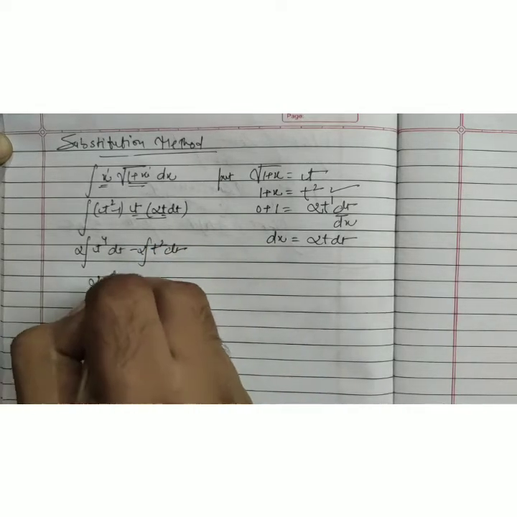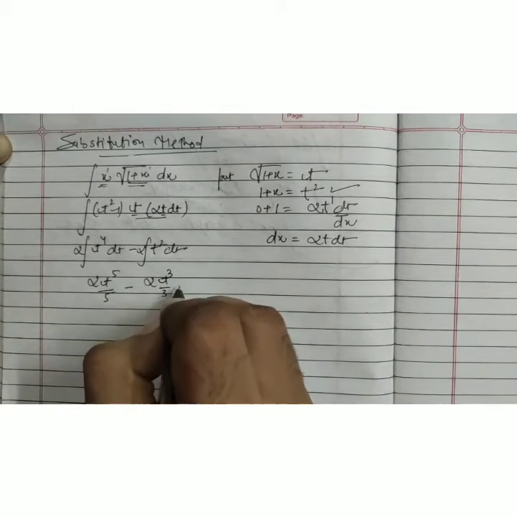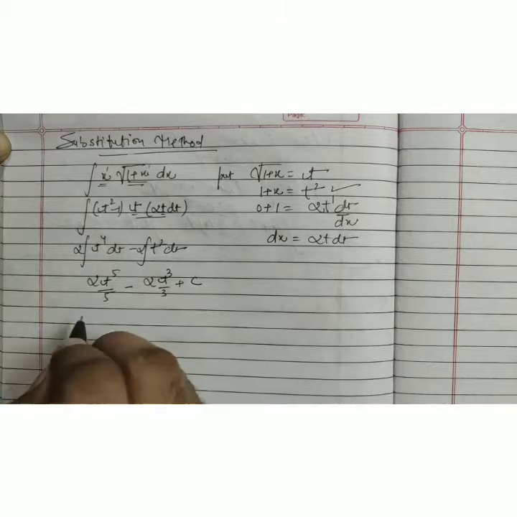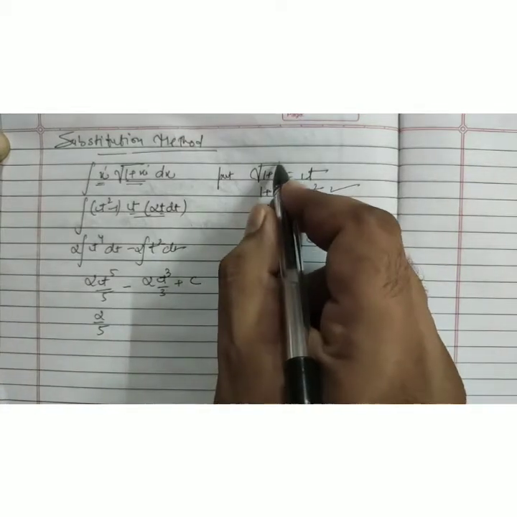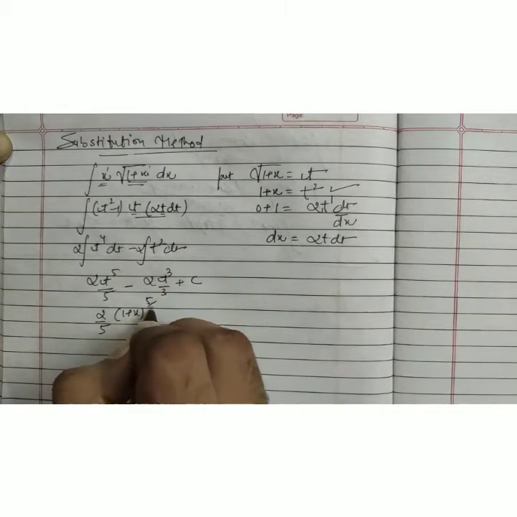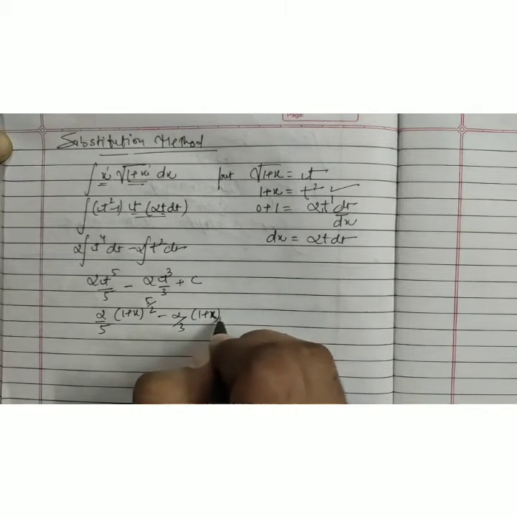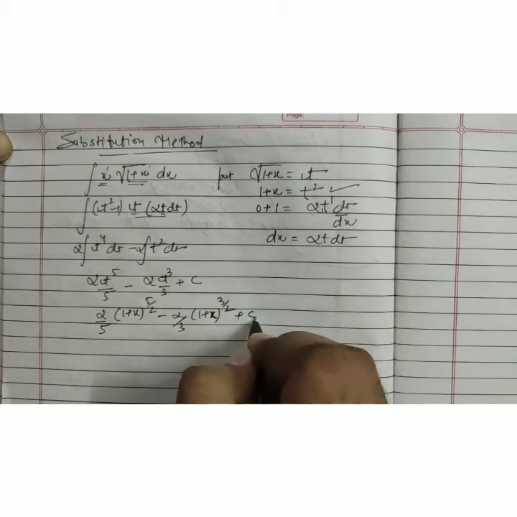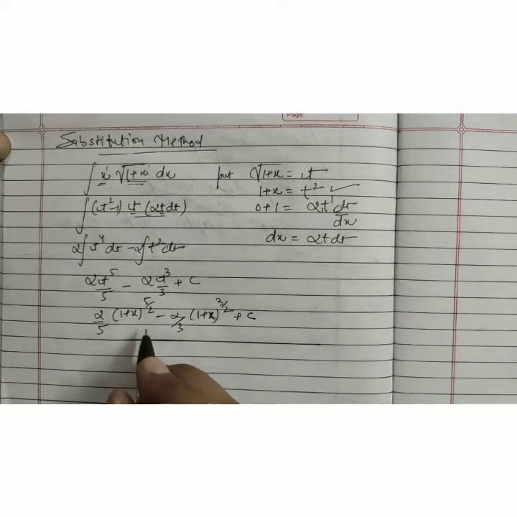Integration becomes t raised to power 5 by 5 by the power rule, t cube by 3 plus c, but we have to replace back the value of t. t means 1 plus x raised to power half. Again power 5 means power becomes 5 by 2, minus 2 by 3, 1 plus x raised to power becomes here 3 by 2. The answer does not change, but this is another method which is known as the substitution method.